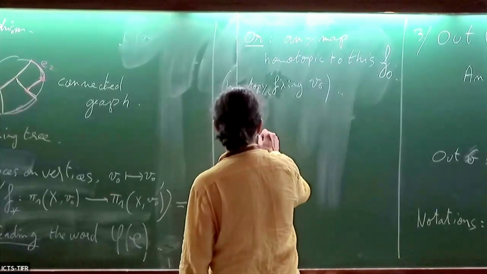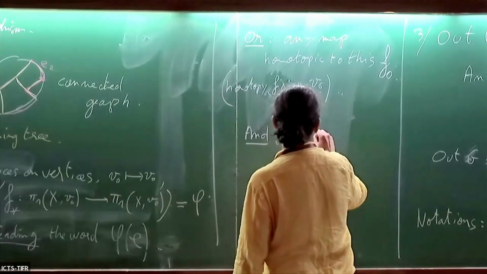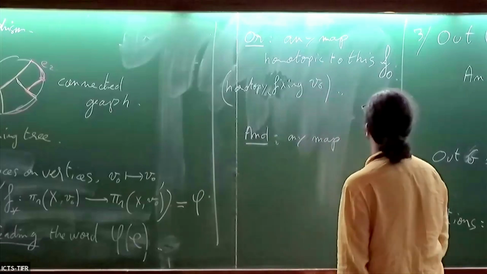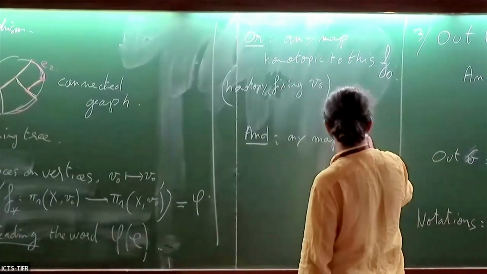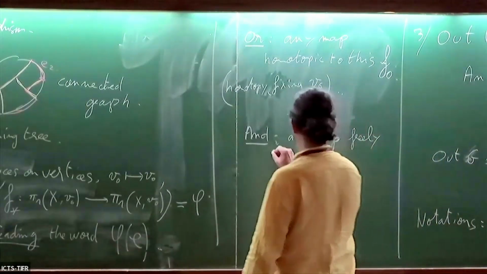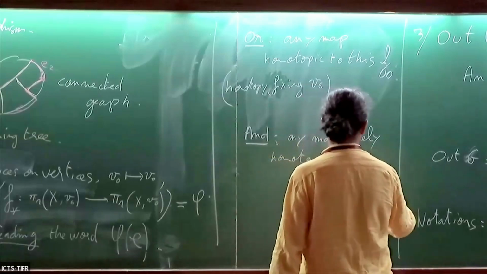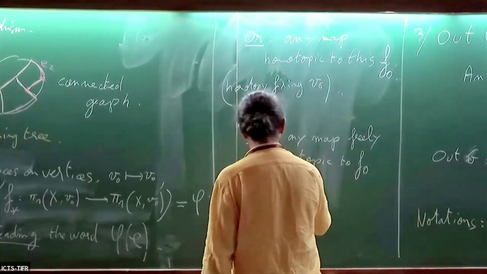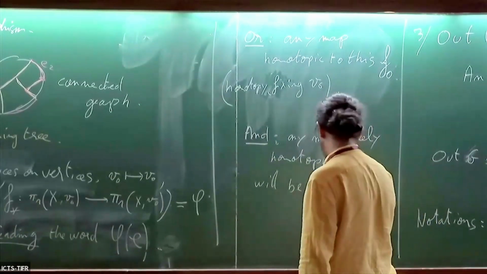I said any map homotopic to this F0, without the necessity of fixing V0, freely homotopic, will be a topological representative of big phi.